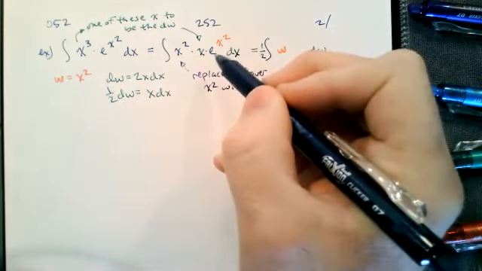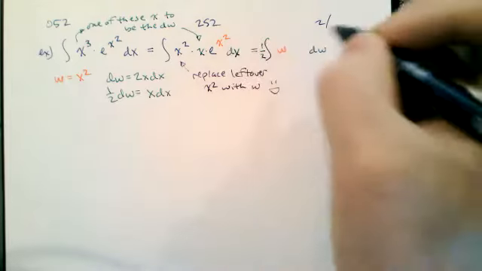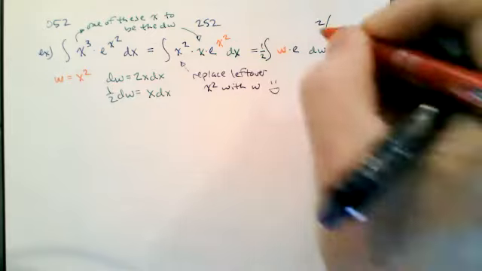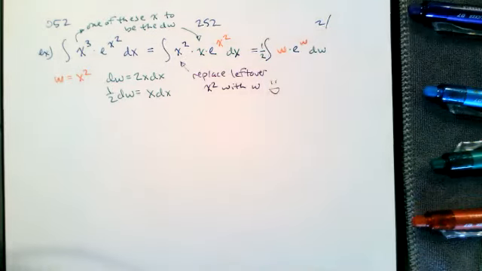And then my function, the e to the x squared part, will be written as e to the w. So I've traded all my x for w. And I can integrate w e to the w because we had just done that.